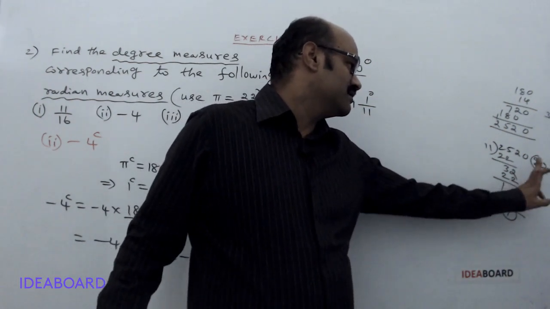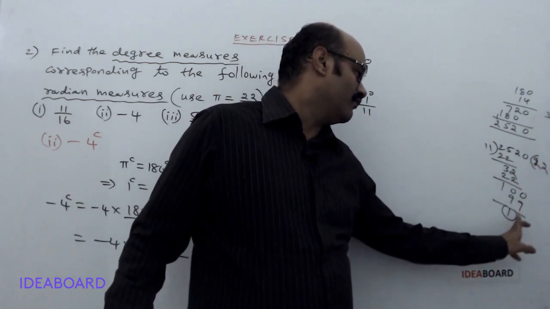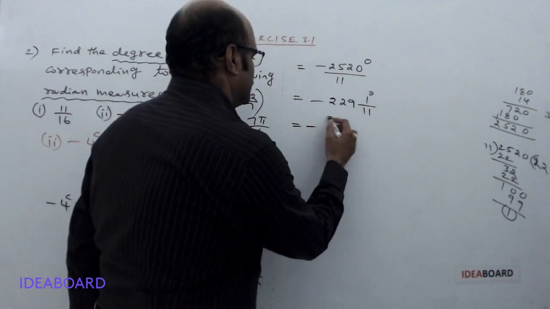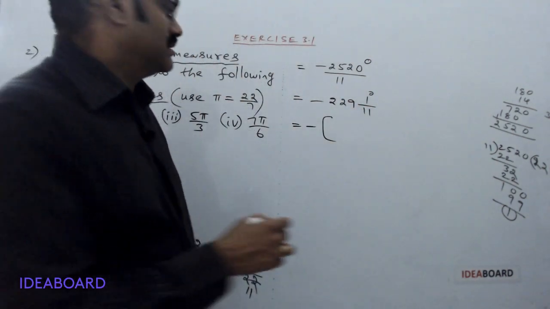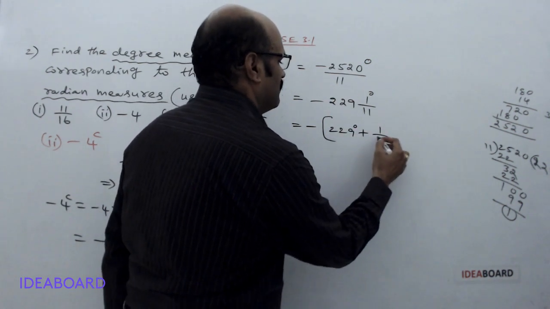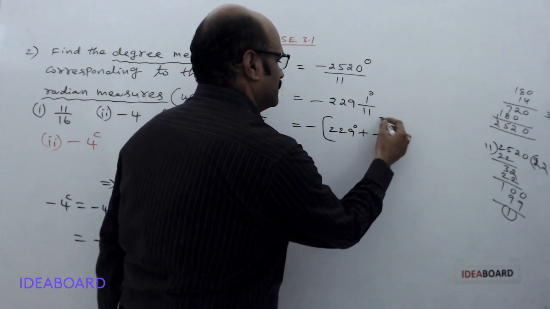This can be written as minus of 229 degrees plus 1 by 11 degrees.